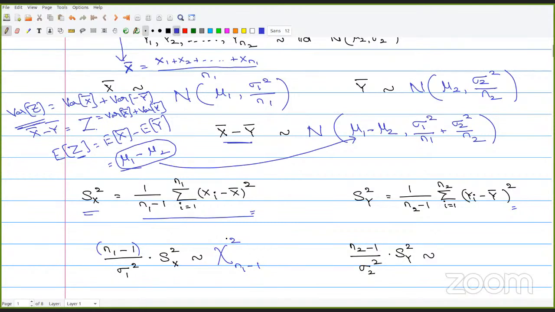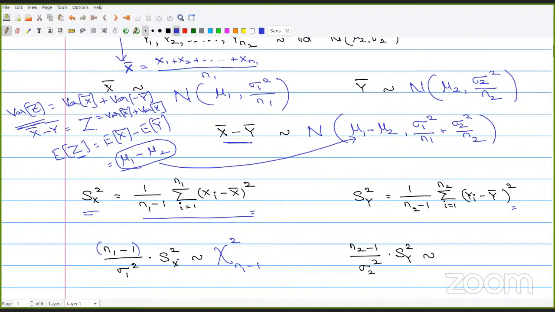How many of you knew this before? If you have the sample variance, then n1 minus 1 divided by sigma 1 square times sx square will follow a chi-square n1 minus 1 distribution. This is what the chi-square test is about. When you are testing for variance, how do we compute alpha?